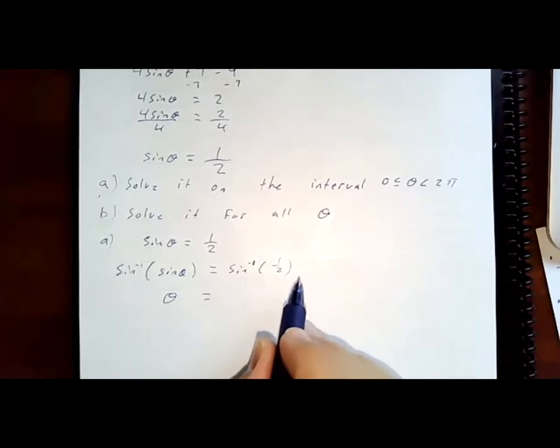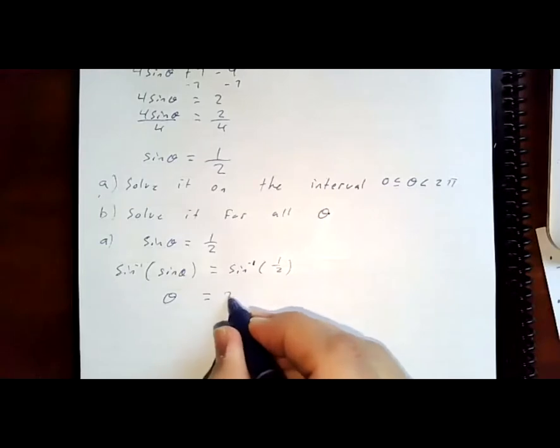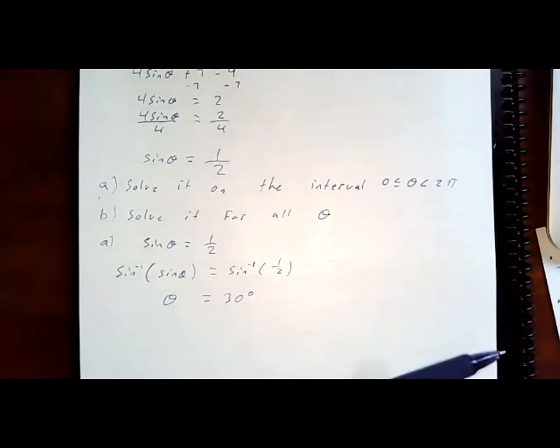Sine inverse of 1/2 is going to give us 30 degrees. Okay, now you find the coterminal angle, because there's going to be 2 places, right? It gives you a half. So let's find those places. Let's use a circle so you can see what's going on. And then I'll show you that you don't need the circle, technically.